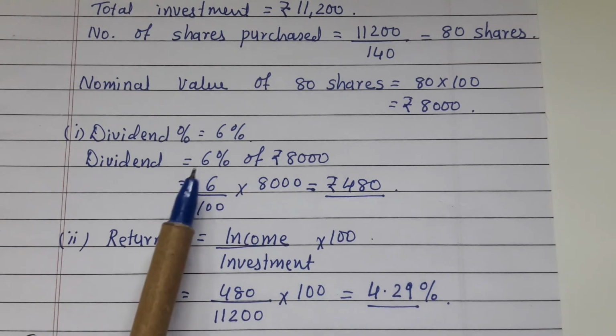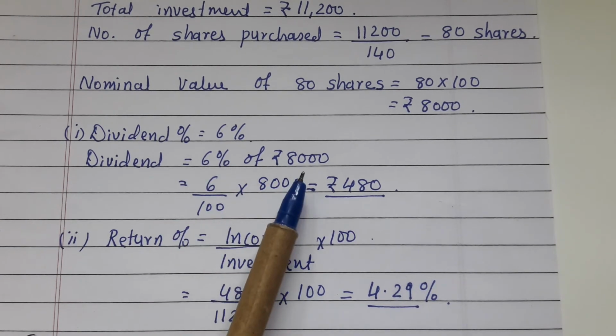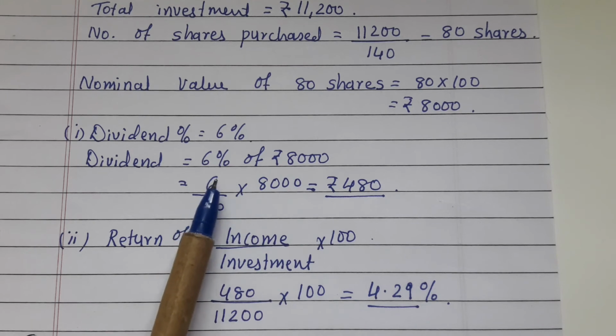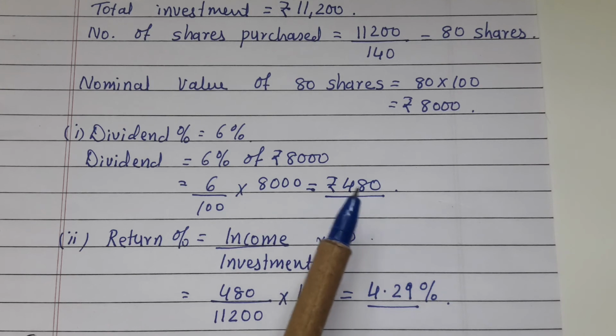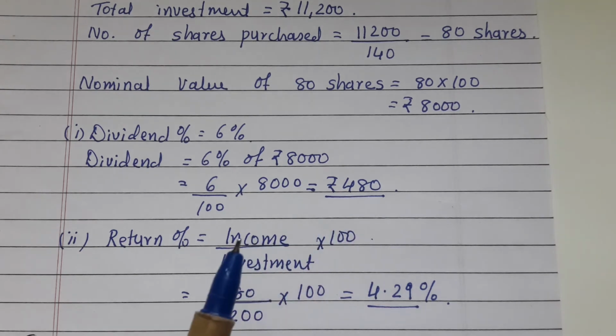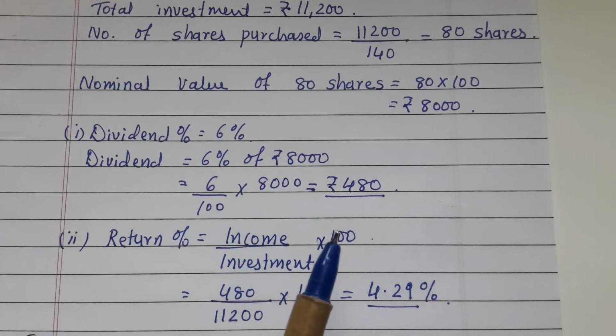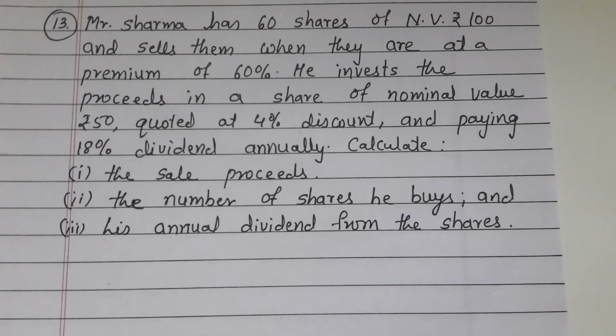Dividend is equal to 6% of 8,000, that is 6 upon 100 into 8,000, equal to rupees 480. Return percent, income upon investment into 100. Income 480, investment 11,200 into 100 is equal to 4.29%.